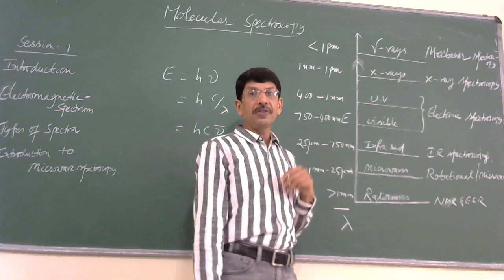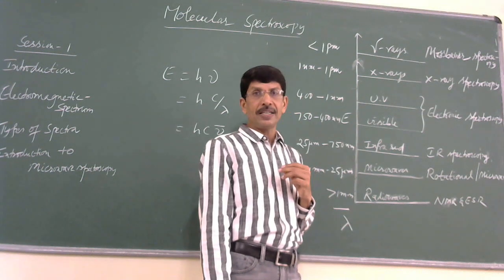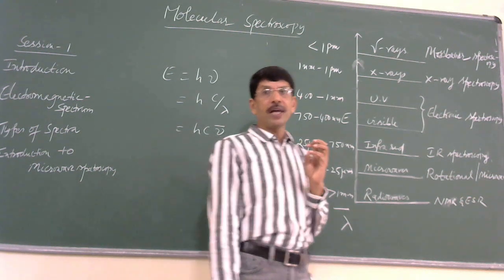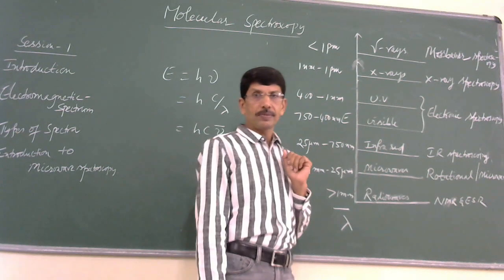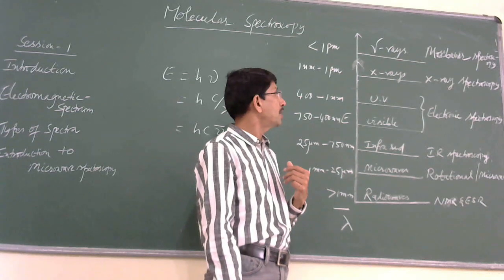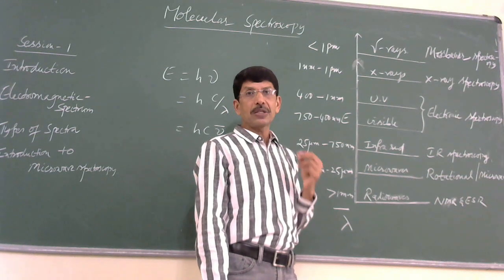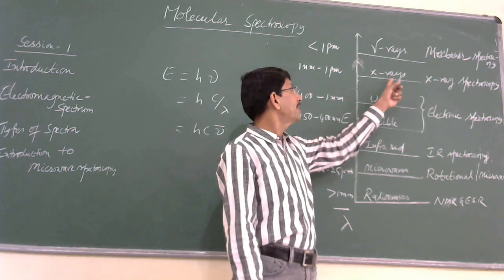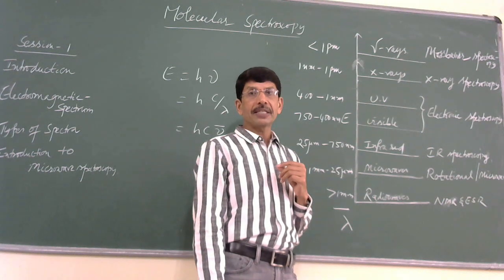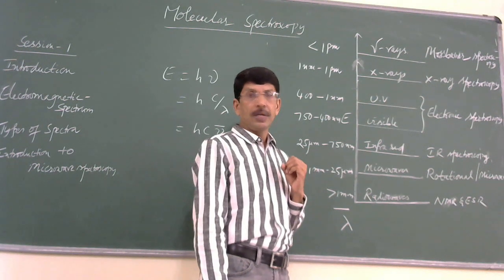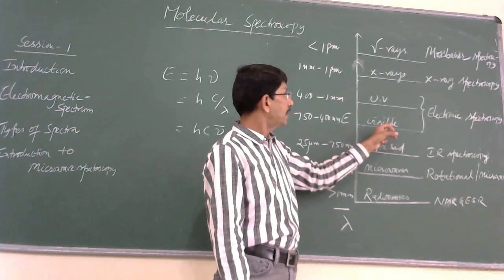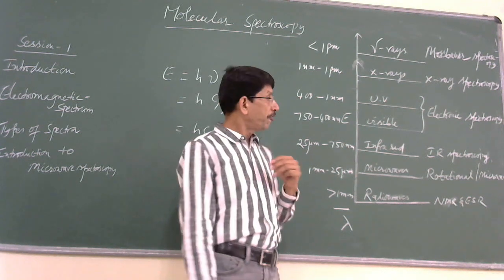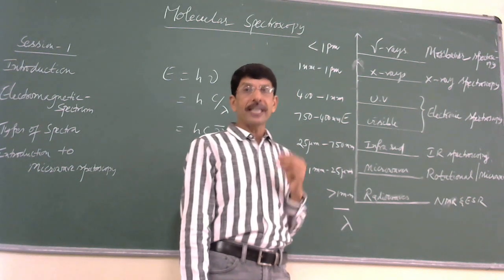And when we use X-rays, which have still higher energy than ultraviolet radiations, whenever a sample is exposed to X-rays, X-rays have the energy to ionize the sample. Electrons are knocked out of the atoms and molecules, giving rise to the X-ray spectroscopic technique. And using gamma rays, which are more energetic than X-rays, we have one more spectroscopic technique called Mossbauer spectroscopic technique. So, employing different radiations of the electromagnetic spectrum, we have different types of spectroscopic techniques.